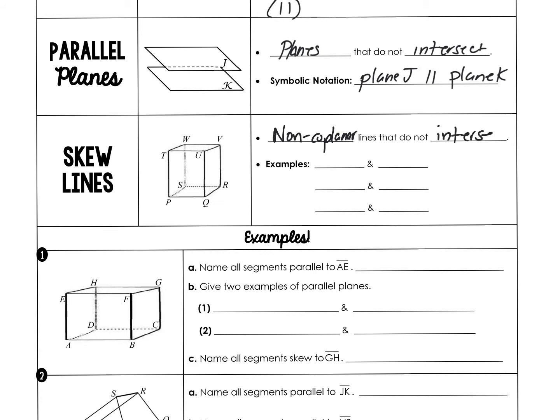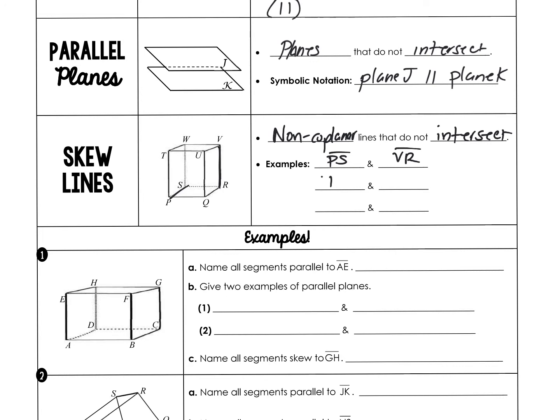And so in this shape, you can see like PS and VR. These are skew lines. They're not even going the same direction, but they'll never intersect because they're on different planes.